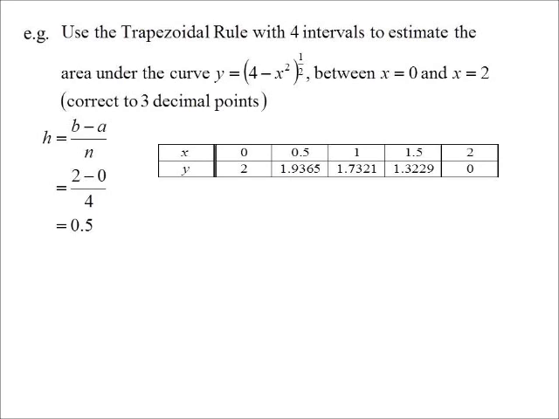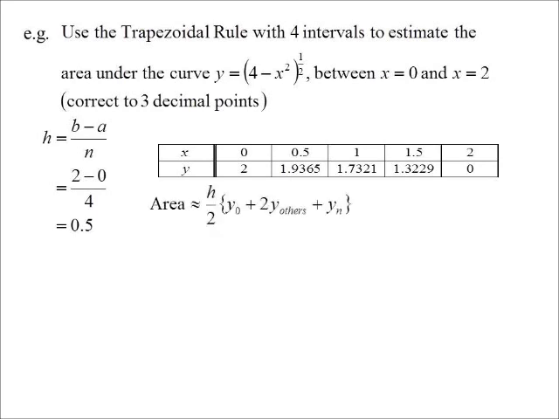Now notice, the answer is set to 3 decimal places. So in my table of values, I always carry one more, to try and avoid rounding errors. If I was to round them all to 3 decimal places at this stage, then one's rounded up, and then the next one's rounded up, and then the next one's rounded up, and when I add them all together, I might get a little bit more than I actually need. So I always carry one extra.